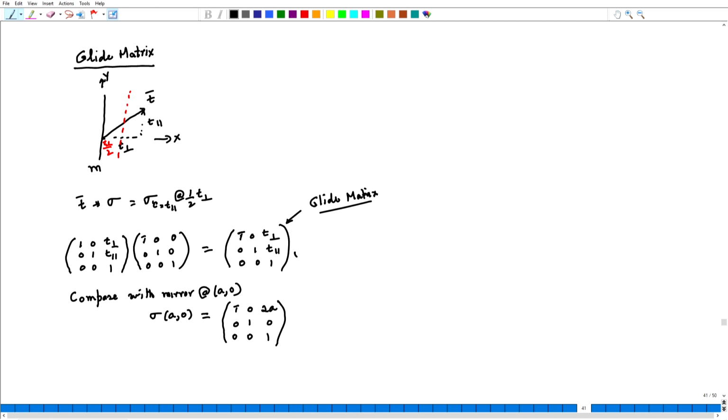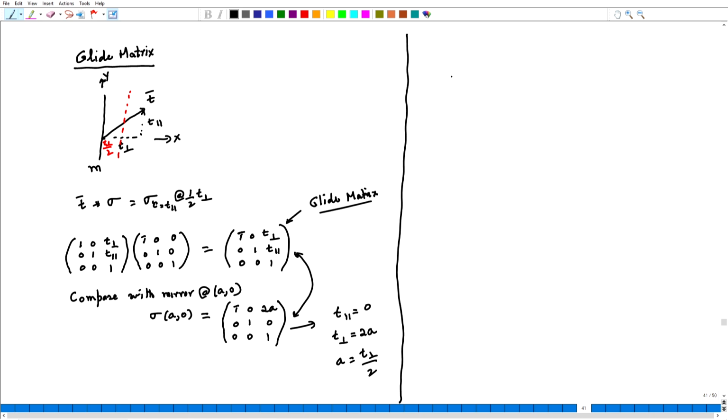If you compare the two, very clearly the mirror is telling me that t parallel is equal to 0 and t perpendicular should be equal to 2a, or essentially basically I am saying that a is equal to t perpendicular upon 2.